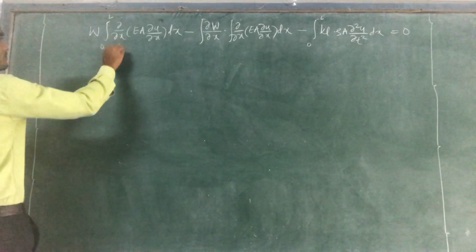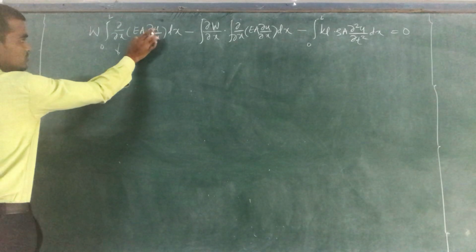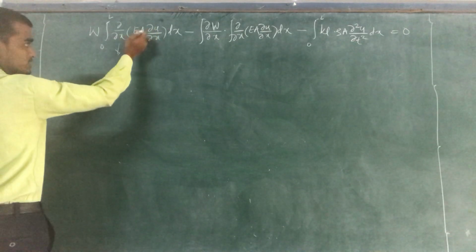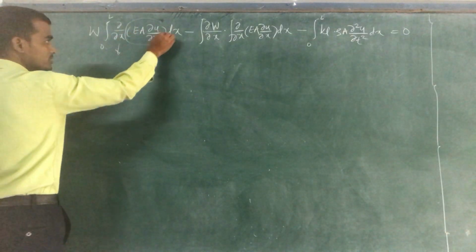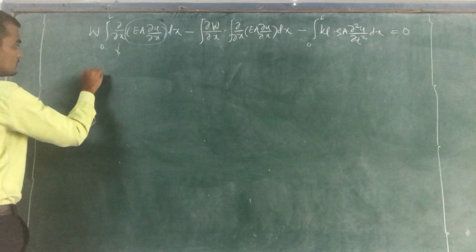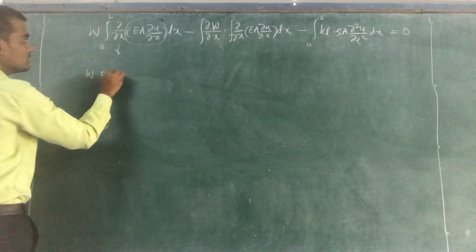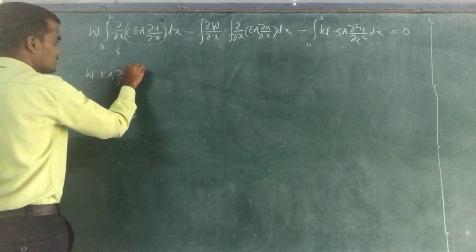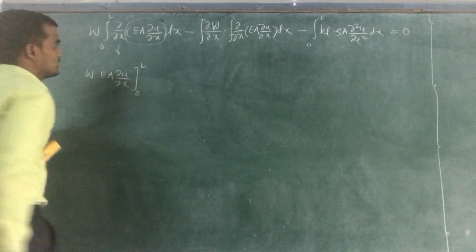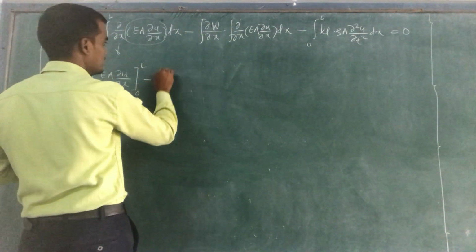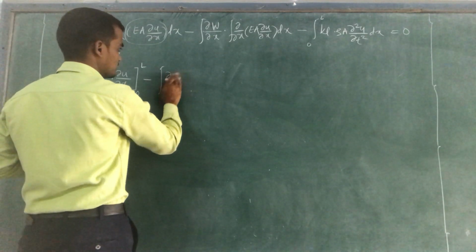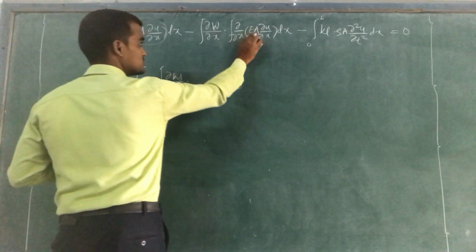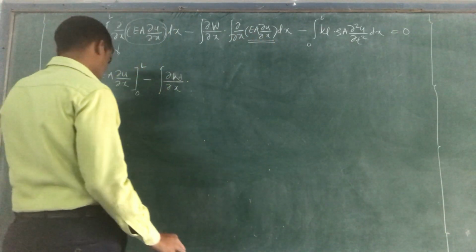So integration of the derivative of this term will leave only this term. So w into EA ∂u/∂x over limit 0 to L, minus integration of ∂w/∂x into the integration of this term, of which only this term remains.